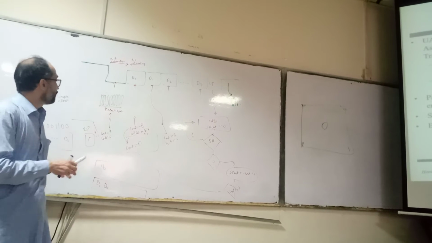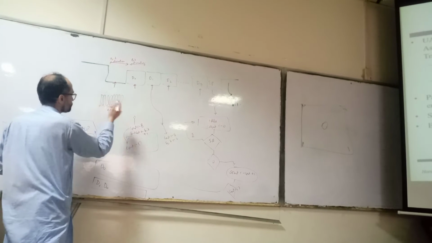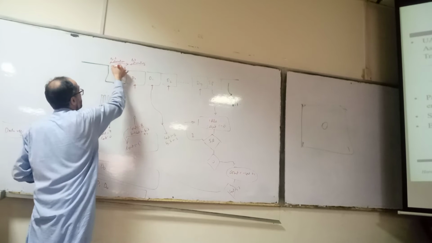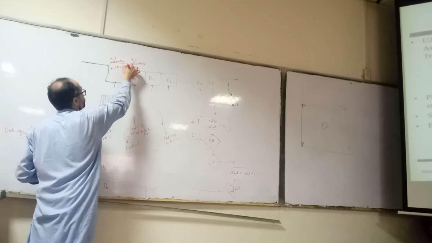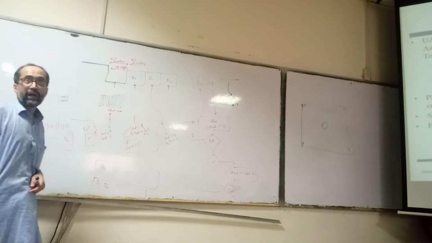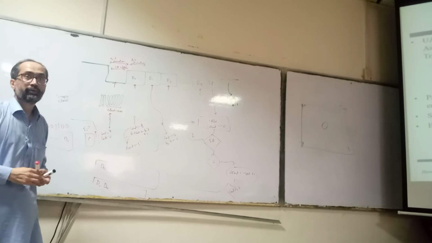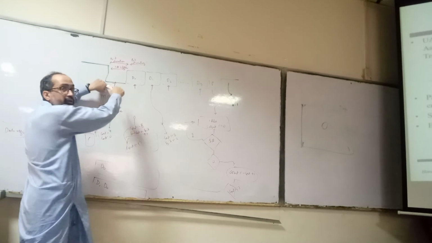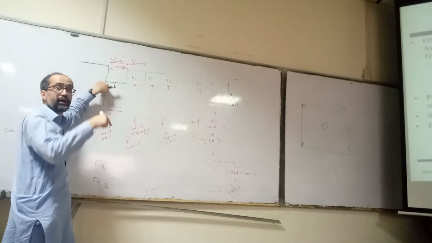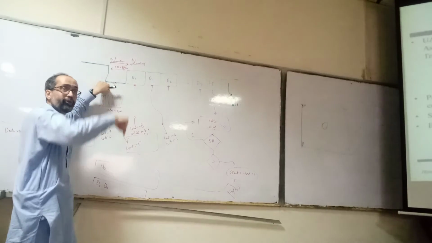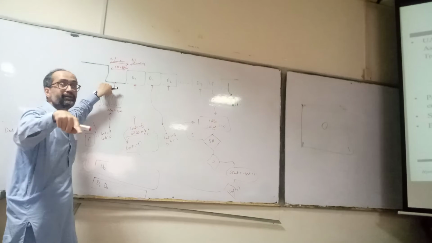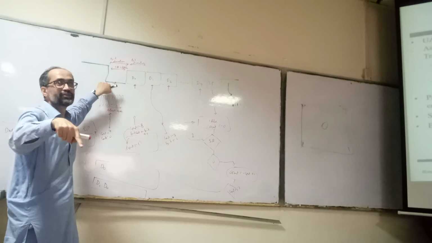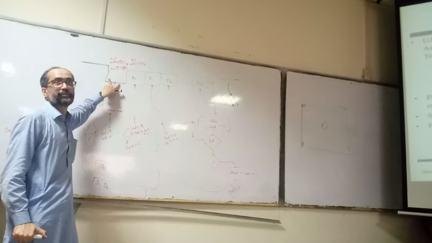Now let's assume that within the 1 bit duration there are 100 cycles, and if we double the baud rate, assuming that the sampling frequency is the same, in 1 bit duration how many clock cycles will there be? 50.